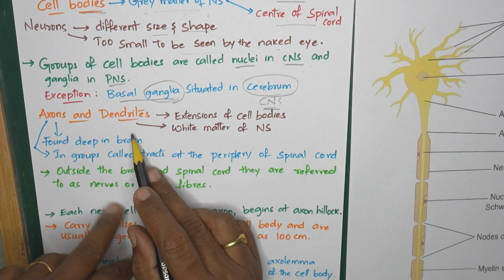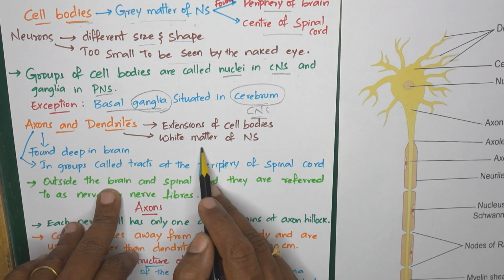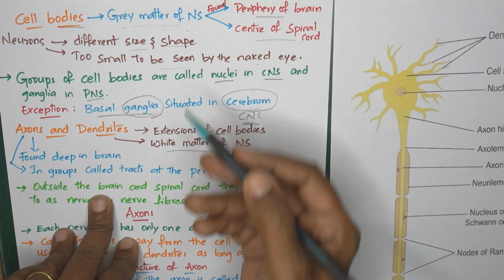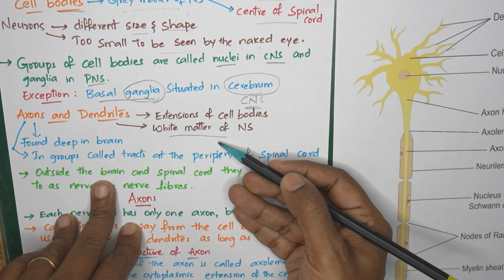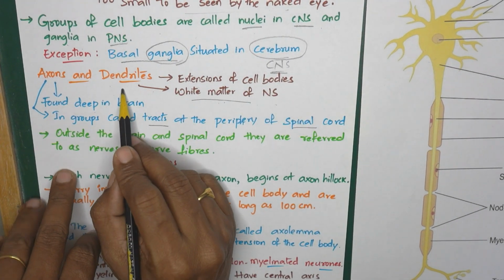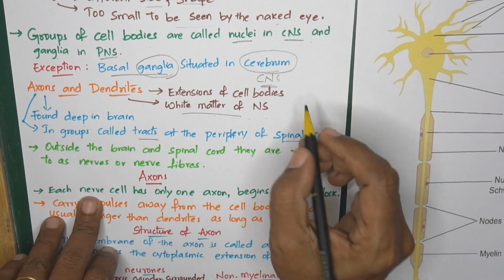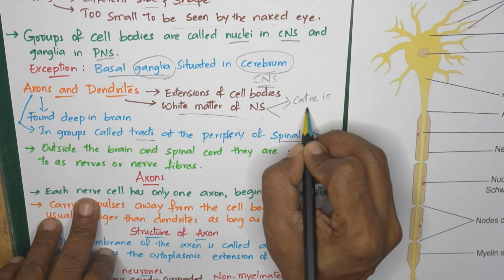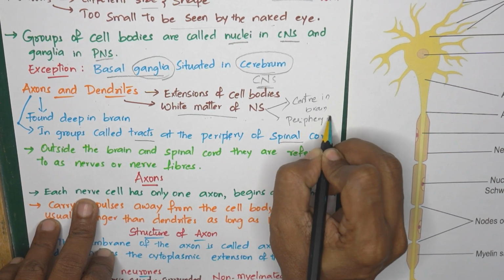And coming to the axons and the dendrites, they are the extensions of the cell bodies, and they are found in the white matter of the nervous system. Cell bodies are found in the grey matter, whereas axons and dendrites are found in the white matter. Where is the white matter present? White matter is present in the center in the brain and in the periphery in the spinal cord.